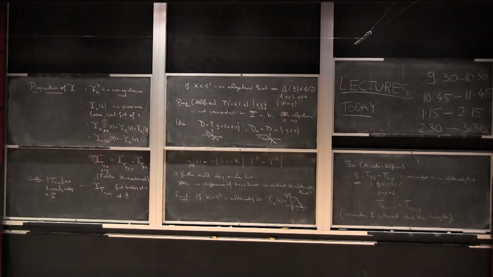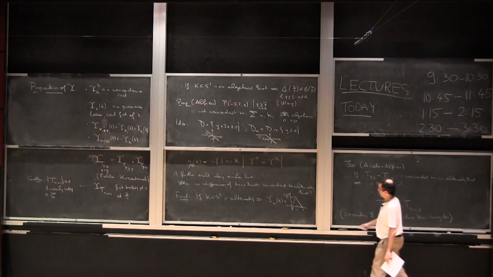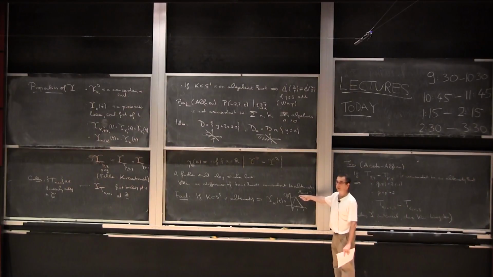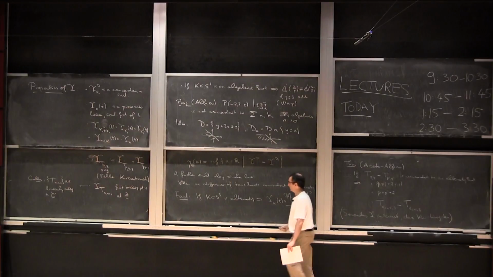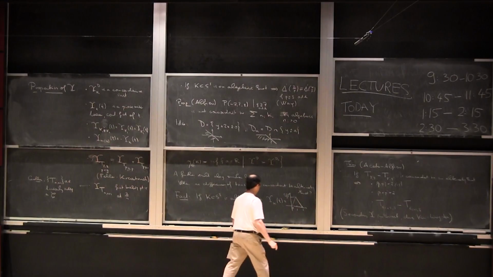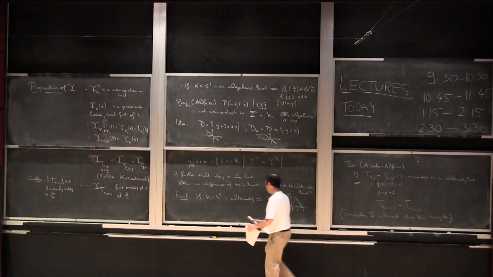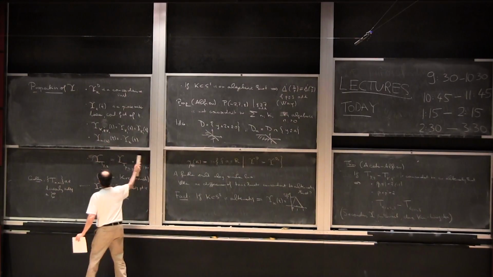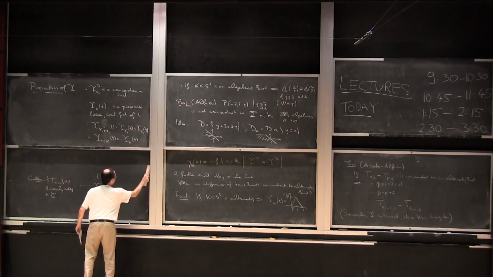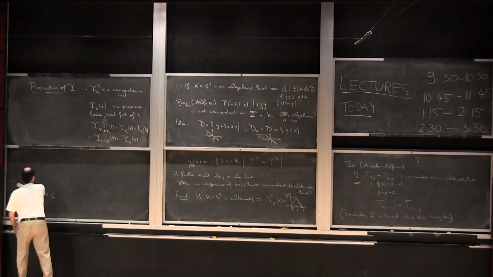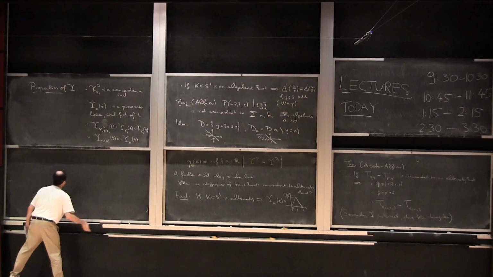Okay, so let me go through an example, which I will pick among alternating knots. The theory tells you that alternating knots are too simple, and you cannot expect anything from them, but this is not absolutely true. I will pick a family which is particularly simple.